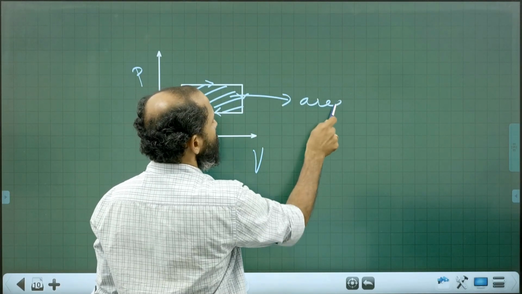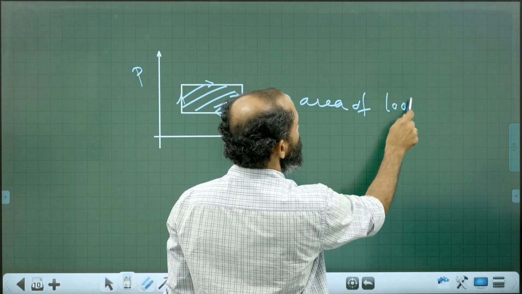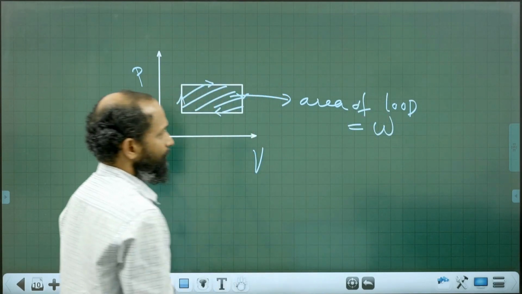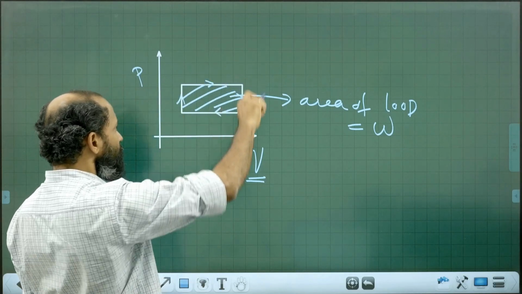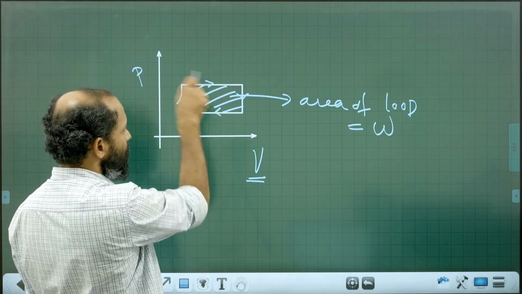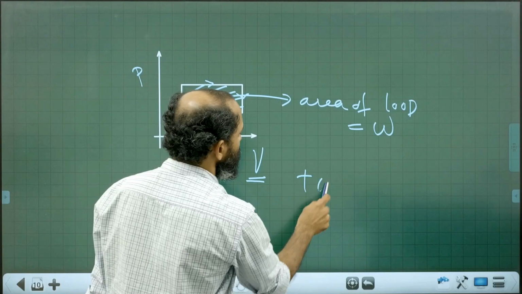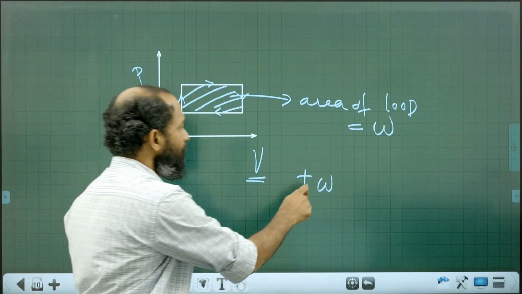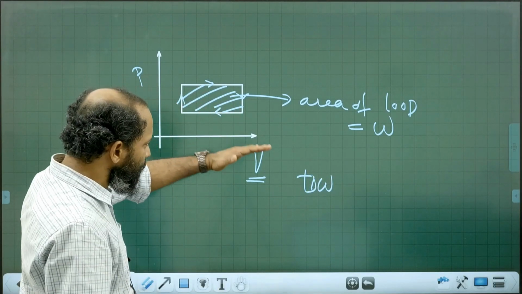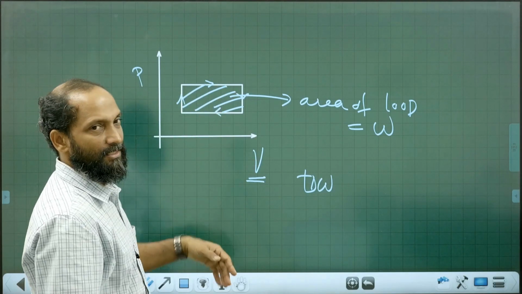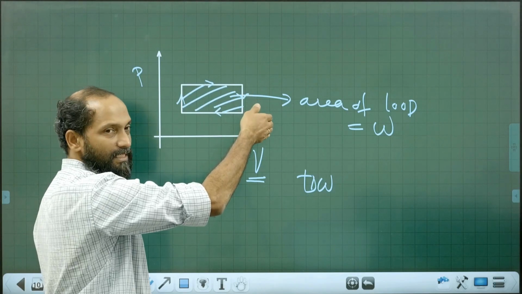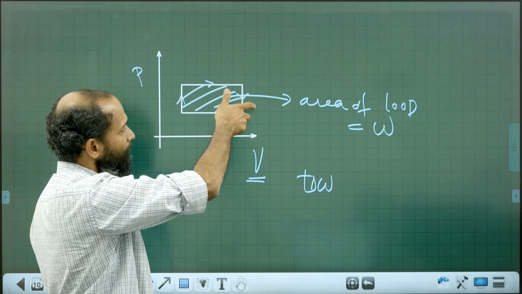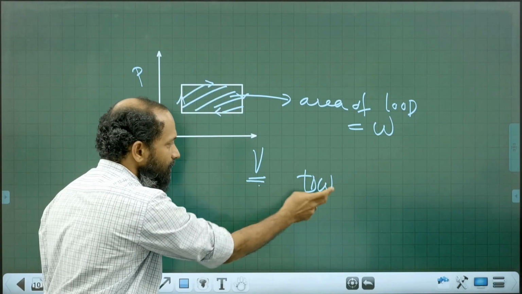The area of the closed loop gives the work done. If volume is on the horizontal axis and the direction is clockwise, work is positive. Delta W is positive: volume horizontal, clockwise.